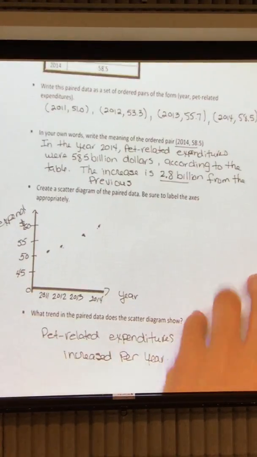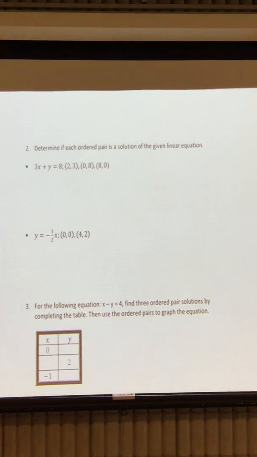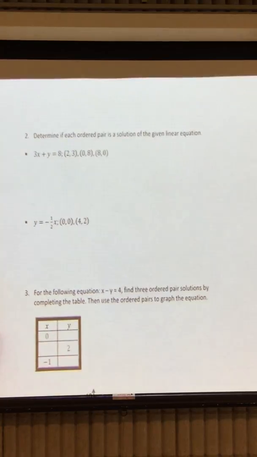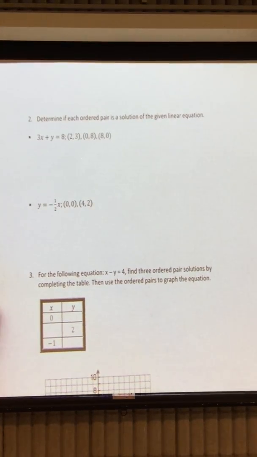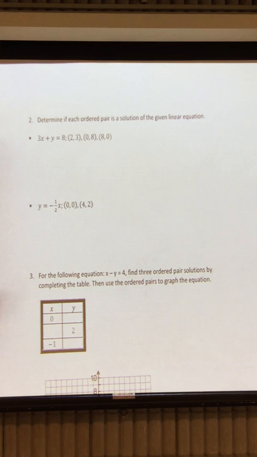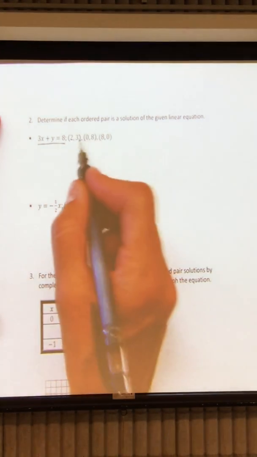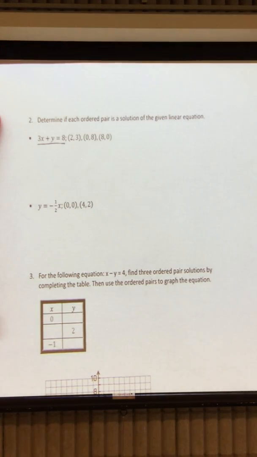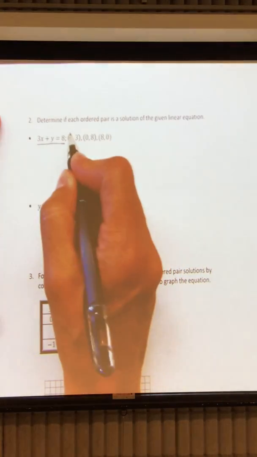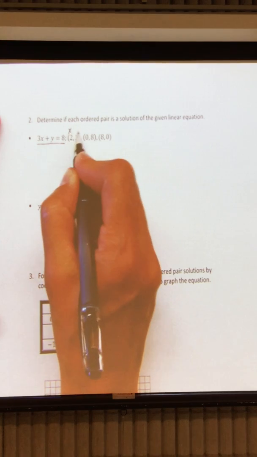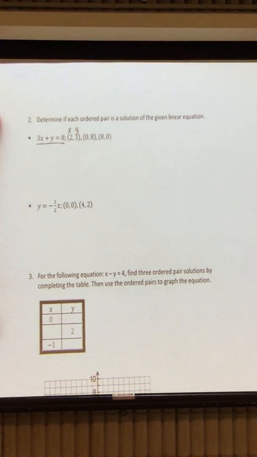Going on to number 2, determine if each pair is a solution of the given linear equation. So this is our linear equation, 3x plus y equals 8. Now let's substitute each ordered pair into the equation. Again, remember the first number is the x, and the second number is the y.